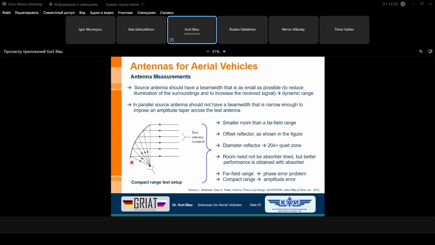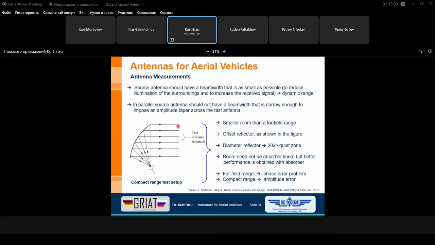If you have a limited distance from the antenna, which normally illuminates the antenna under test, then we have here a reflector with a certain shape. The reflector with this shape is laid out or designed in such a way that from the illumination antenna, you have to know the characteristic of this illumination antenna, the outgoing rays here are collimated in parallel.